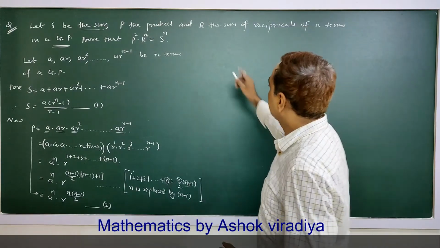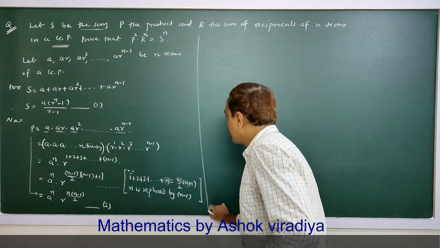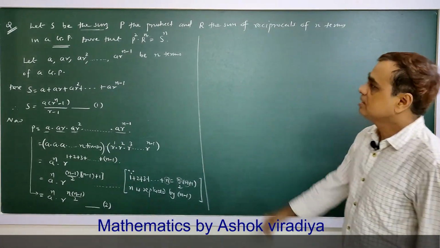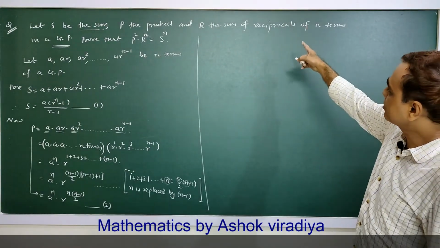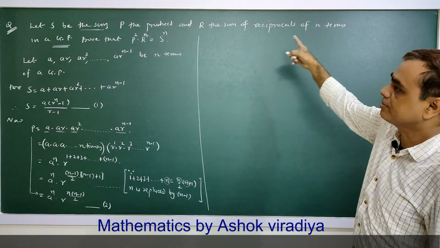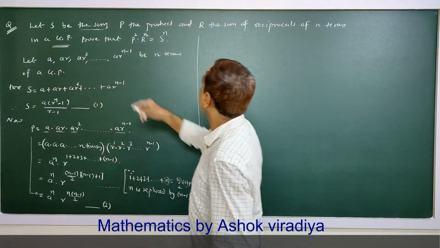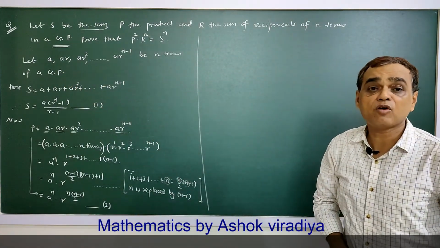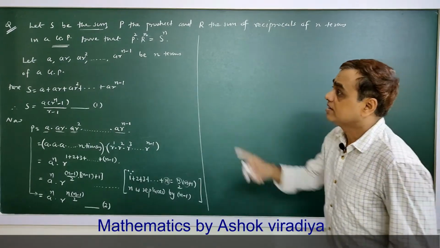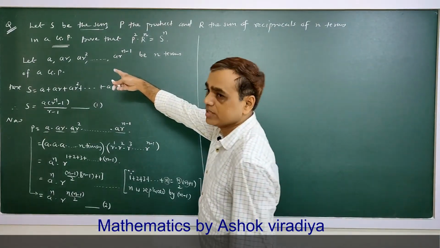Now what is R? We calculate R. R is the sum of reciprocals of n terms. So now I am taking the sum of reciprocals of these numbers, the sum of all reciprocals of this series, this sequence.